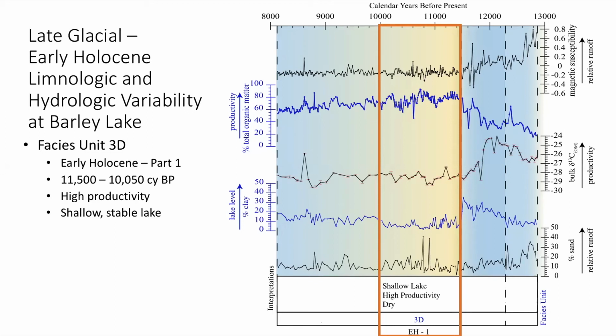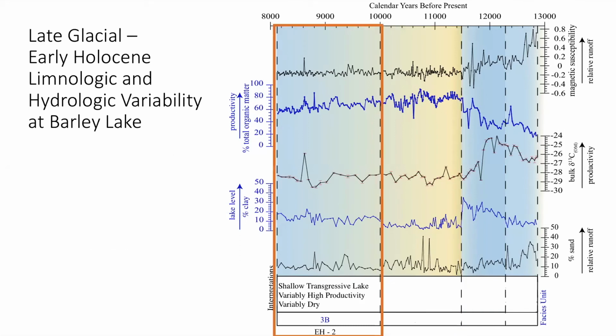Additionally, it is correlated with the lowest average percent clay values that remain steady throughout the section, suggesting a relatively shallow and stable lake status. Moreover, it has low average percent sand values, which indicates diminished runoff, and therefore drier climate conditions.